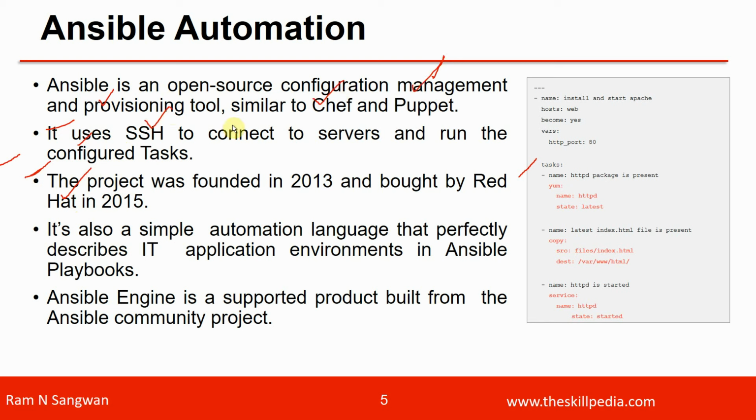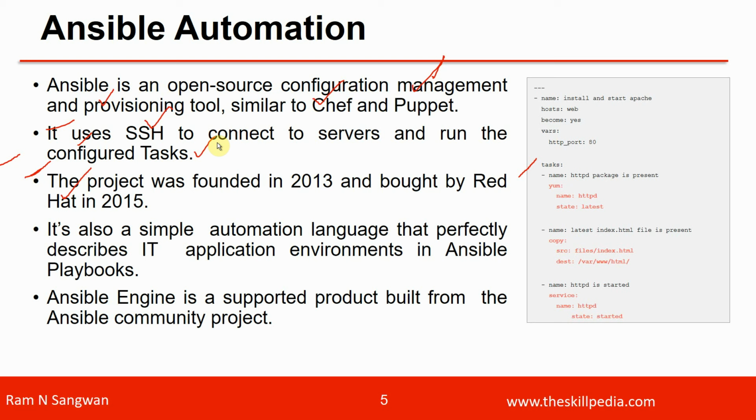It uses SSH to connect to the servers and run the configuration tasks. Yes, as long as you can SSH into the machine, you are good to go. Nothing special, no agent required. Unlike Chef and Puppet and other configuration management tools, which require some agent, some application running on the target machine to allow it to be managed by the tool.